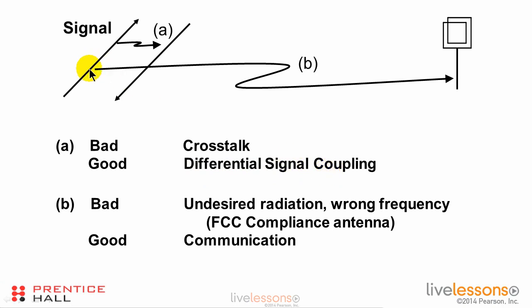If this is a wire or an antenna that is radiating away to another antenna out here somewhere, that's bad if that other antenna happens to be at an FCC compliance testing range. But if this antenna happens to be in your watch or your tablet or your radio or your television or your cell phone, that's good because that's a form of communication.